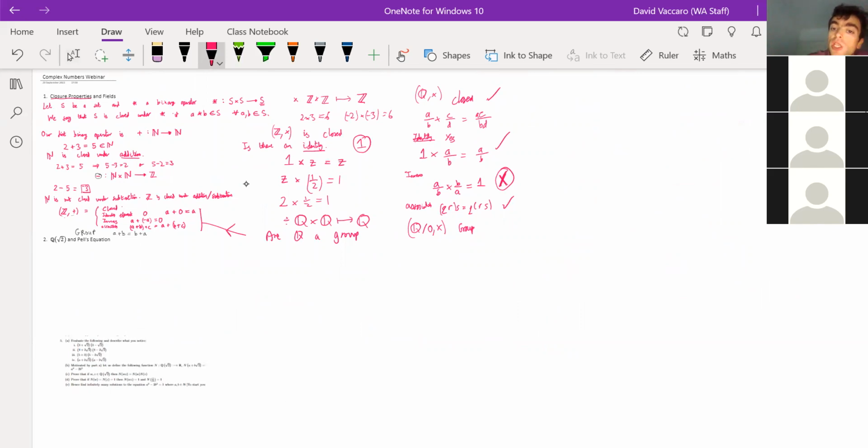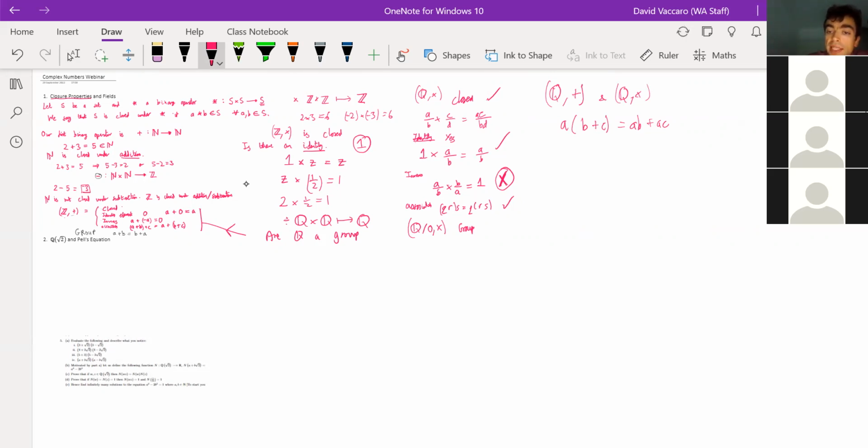But Q is also special, because Q has got addition and Q has got multiplication, and these are not completely separate operators. We can open brackets. We've got this distributive property. Mathematicians are keen to give names to things.